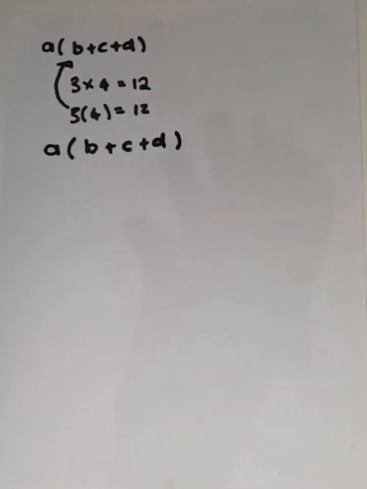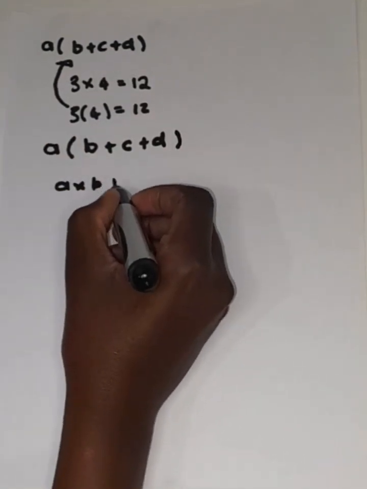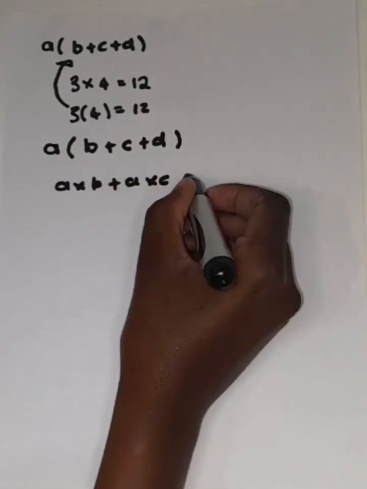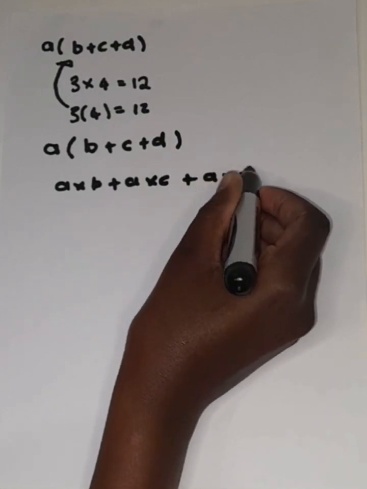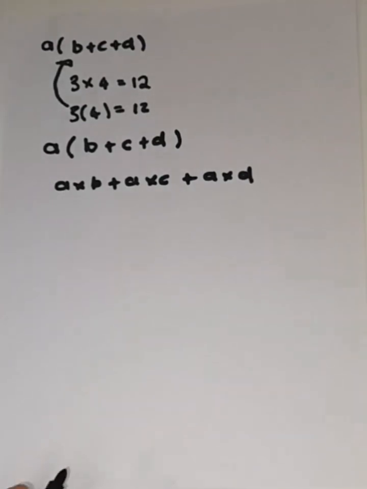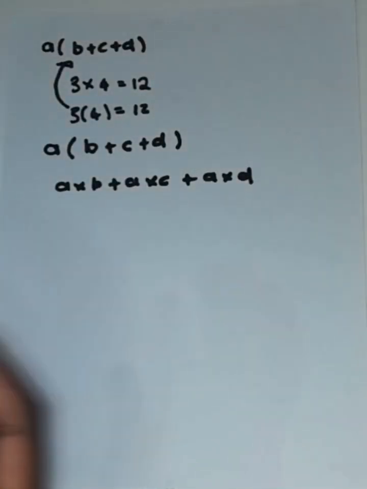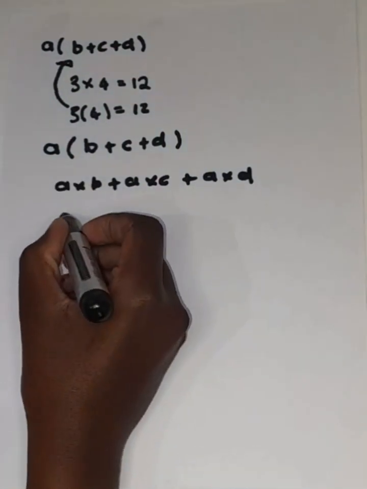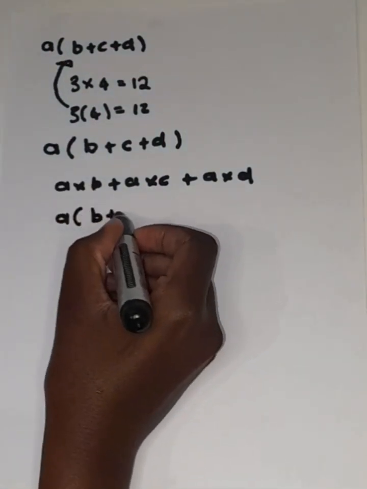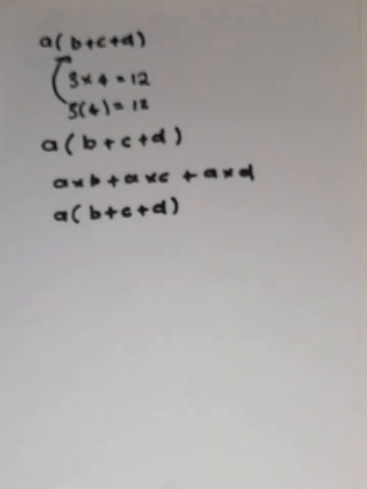Let's say you have been given something like A times B plus A times C plus A times D. This is very long and looks complicated. So if you wanna write this in a simpler way, you can just do this: A, B plus C plus D. It's the same thing, but this one looks more cool.